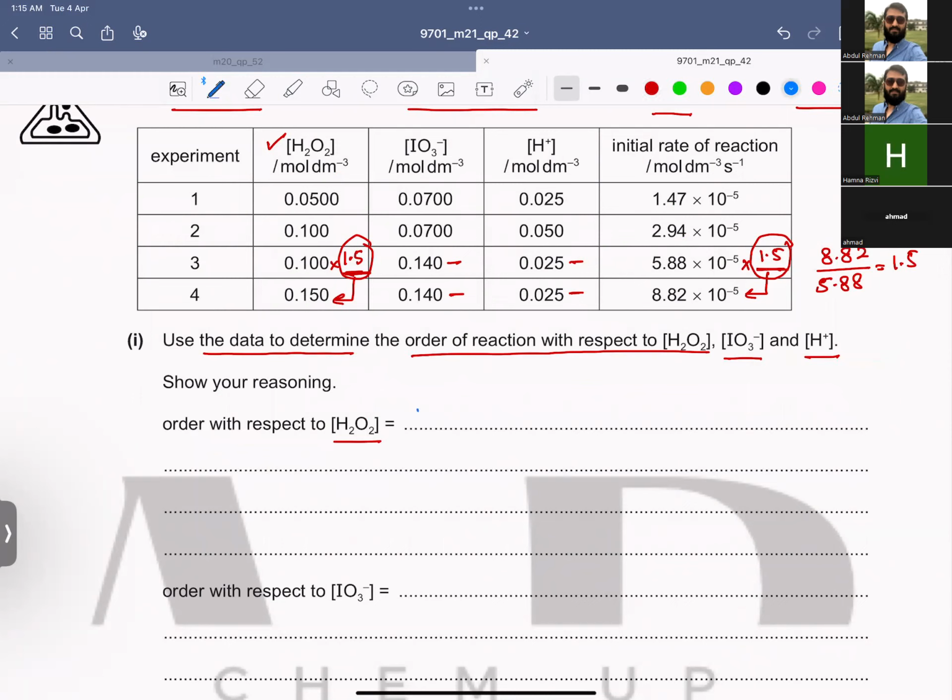So how could I state this, as they have asked you to show your reasoning?